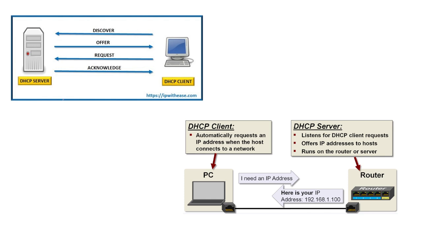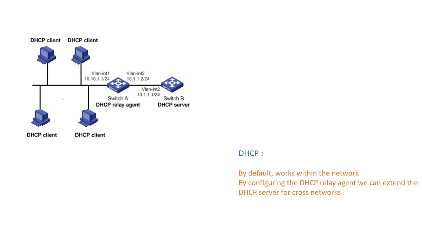And you are already aware of the DORA process here: discover, offer, request and acknowledgement. I have already clearly explained. Next concept is called the relay agent. I told you this DHCP has a characteristic of self-advertisement, and it will send broadcast packets.